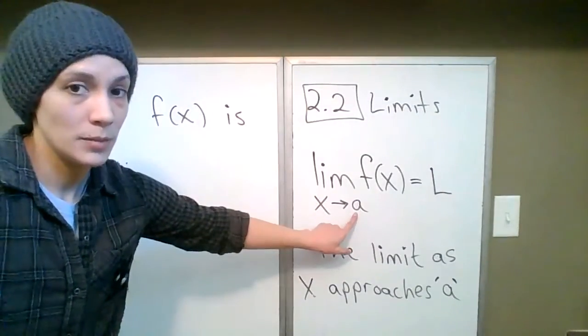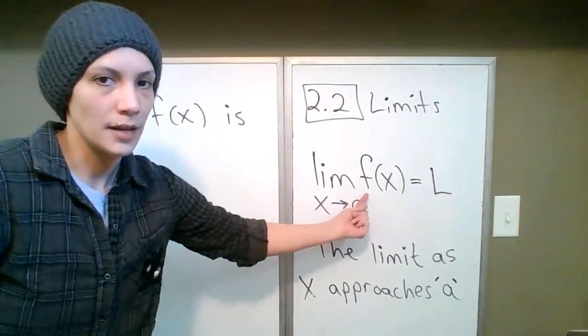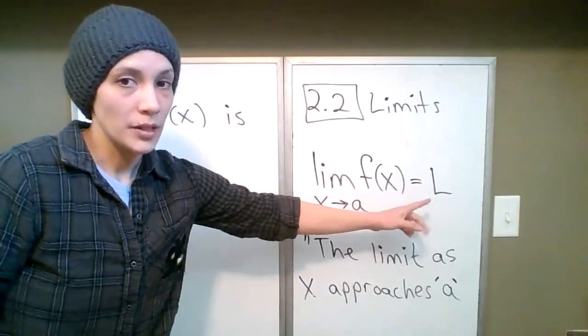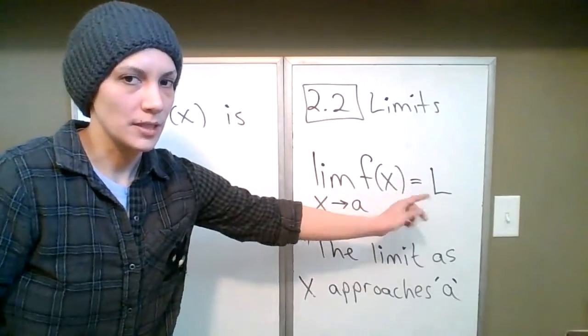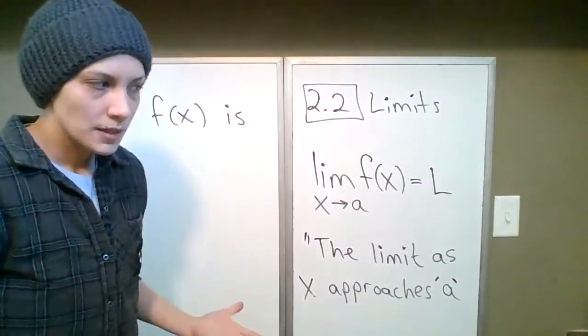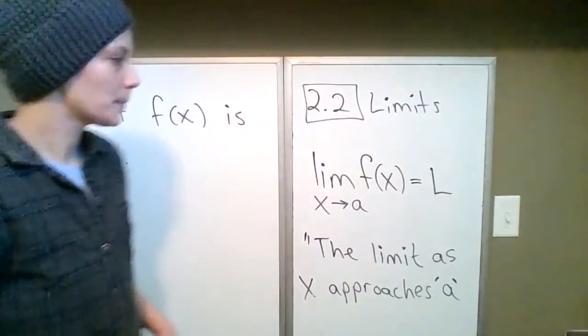Okay, so a is some number, this is your function f, and then you get usually some number value, or we'll talk about other possible things that could be L, but we're going to start with an example.